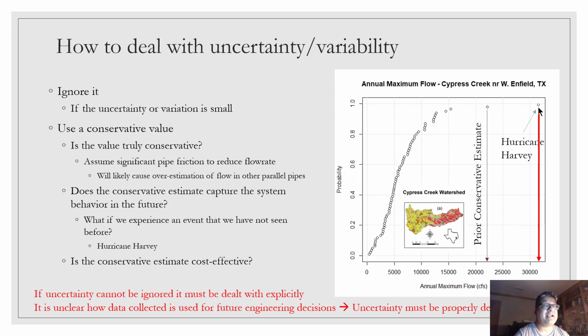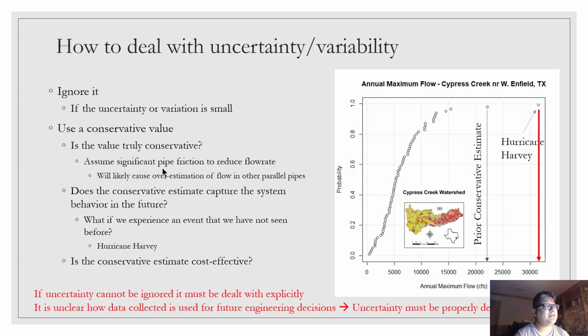So the key question that we ask is, what is really truly conservative? And sometimes we can make assumptions. We can assume that there will be significant pipe friction to reduce the flow rate through a given pipe. But because of mass balance, that would also mean that the flow in other parallel pipes is going to be much larger, because we can't lose mass.